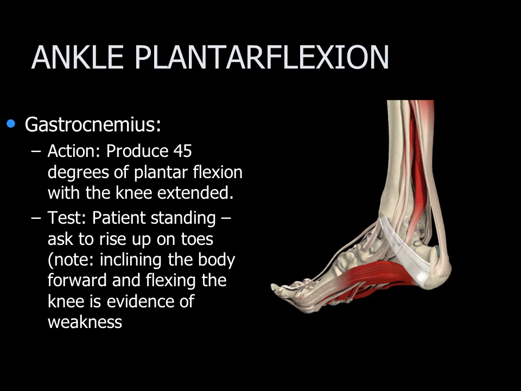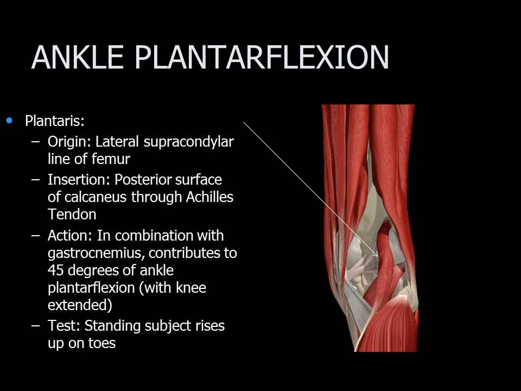Inclining the body forward and flexing the knees would be one physical exam finding for weakness of ankle plantar flexion. And we will describe what it means and how you can determine if there is normal strength, good strength, fair strength, or poor strength in just a moment.